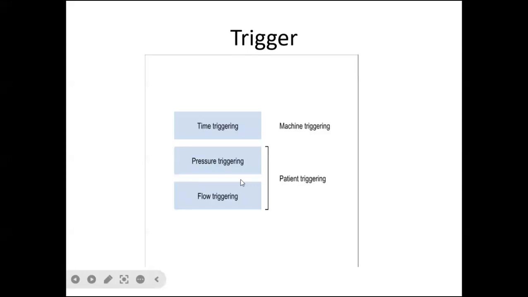So the patient can trigger by two means: by pressure or by flow. What will happen when the patient takes inspiration? What will happen to the baseline pressure and baseline flow? What is the baseline pressure in the ventilator during expiration? PEEP, exactly. PEEP is 5. And the baseline flow at the end of expiration?